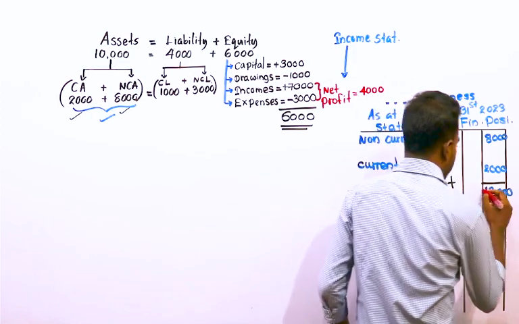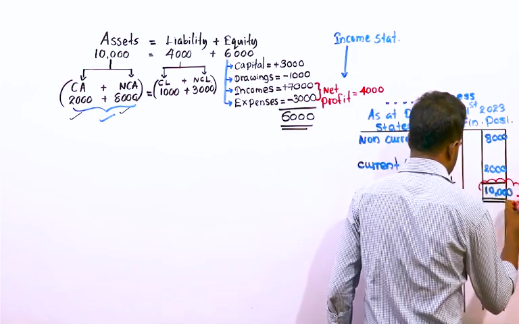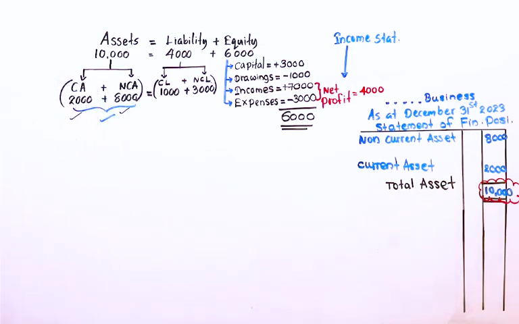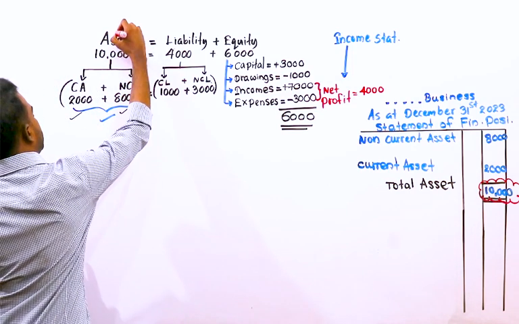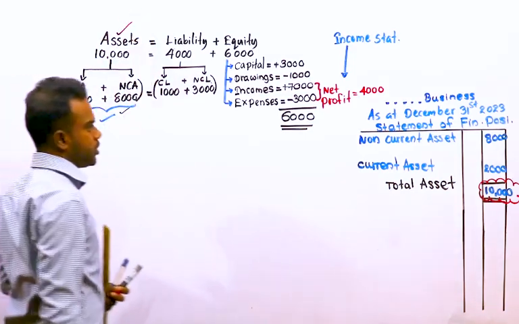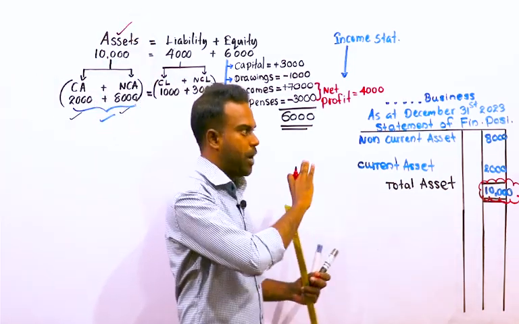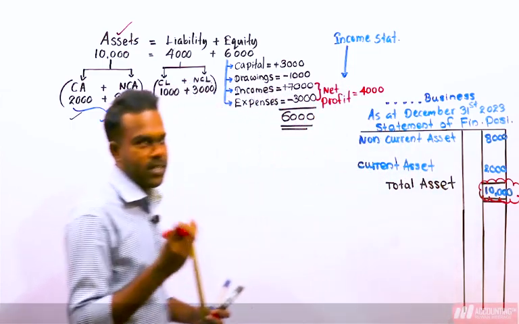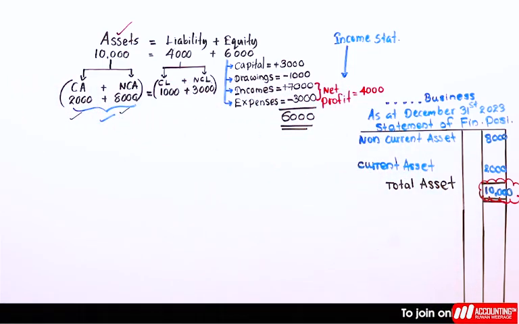Please highlight that one. 10,000, right? Now we finished the first part of the equation. First of all, you have to present what the assets are, at the top of the equation.